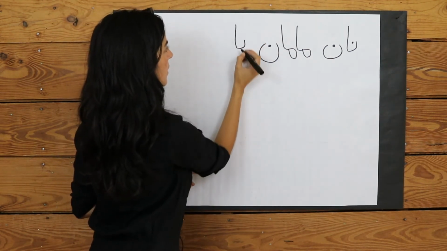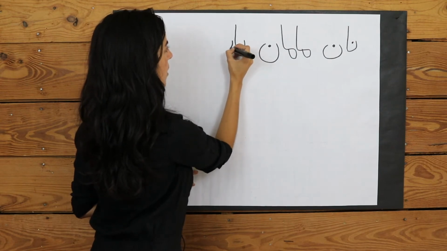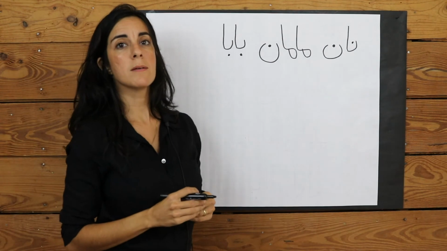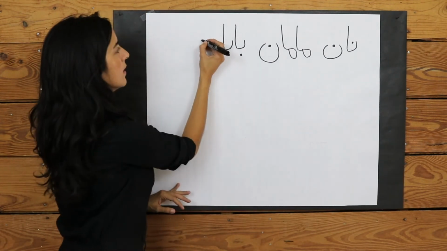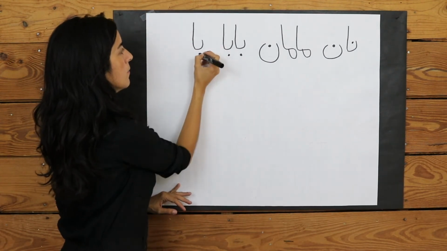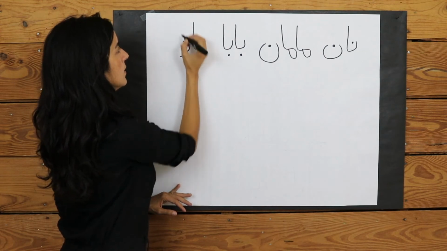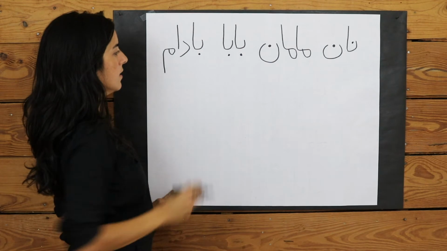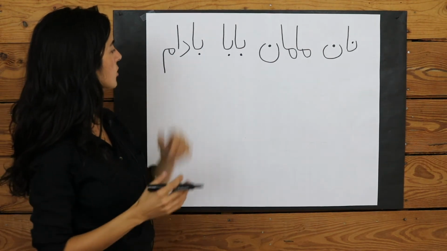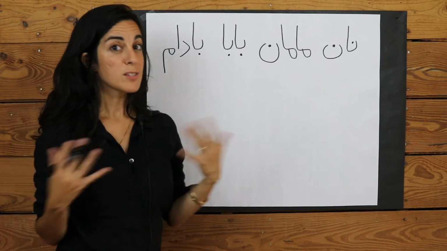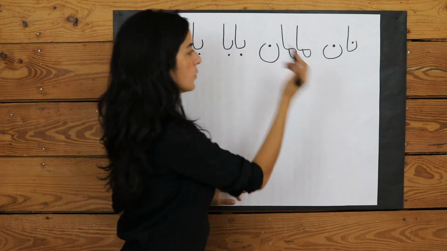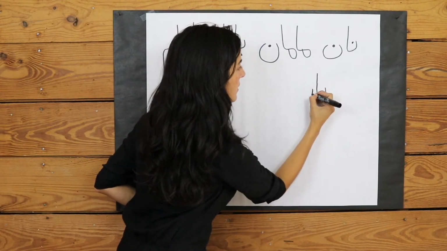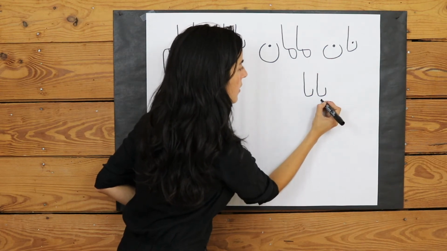Next, be, a becomes baba, and be, a, de, a, me is badam. So now let's do some sentences using these words and see if you can read the word.